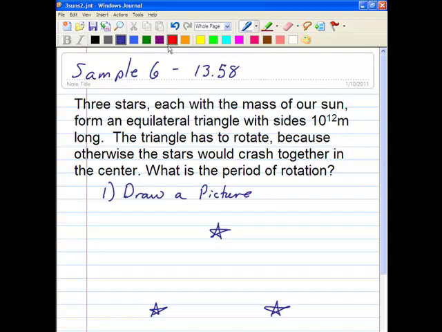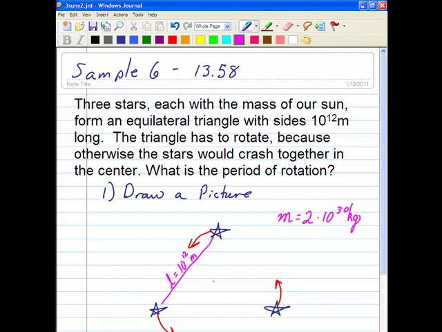In our picture, we should somehow show that all the suns are orbiting in a circle. We were given this distance right here. Let's call this distance L. And we're given that each of the suns has a mass equal to our sun's mass, which happens to be around 2 times 10 to the 30 kilograms.